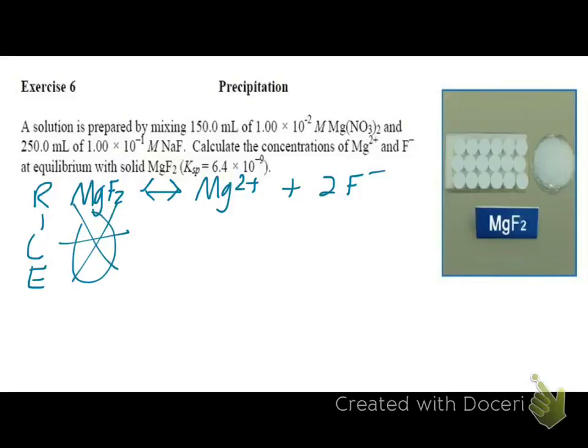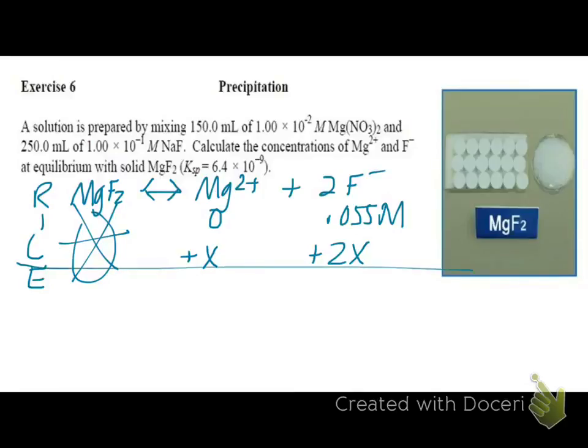And then we're going to have 0 here, and we have 0.055 molar here. Okay? And then this is going to be plus x, and this is going to be plus 2x. So that at equilibrium, we have x and 0.055 plus 2x, just like we did earlier, because now we can get to that point. So now we're going to plug it in.